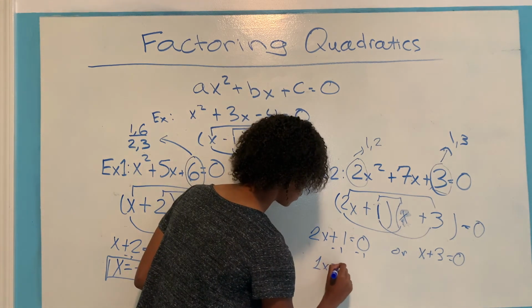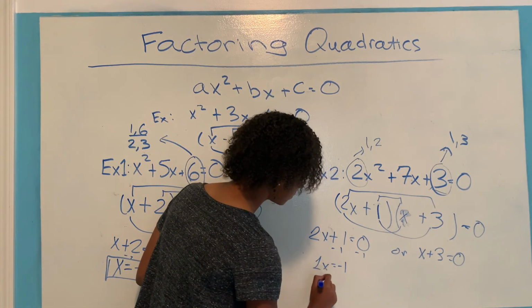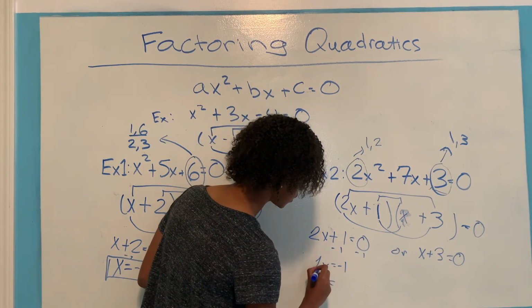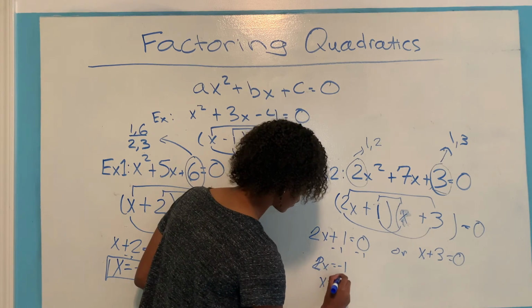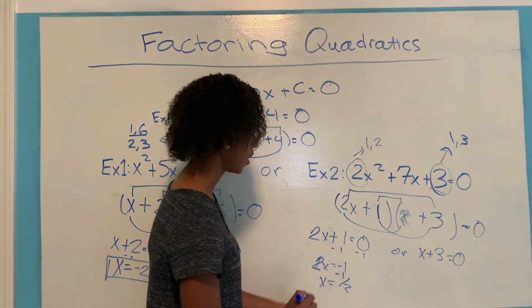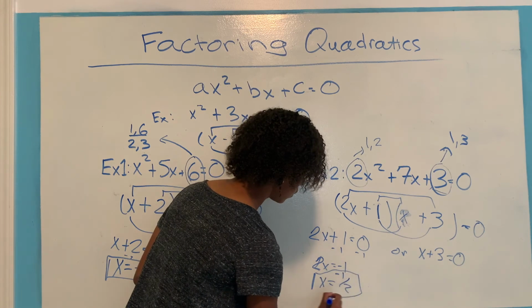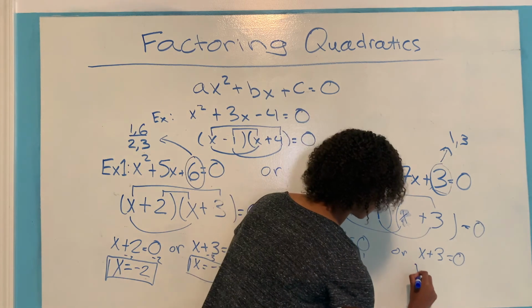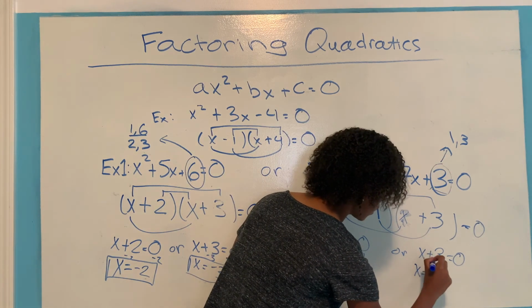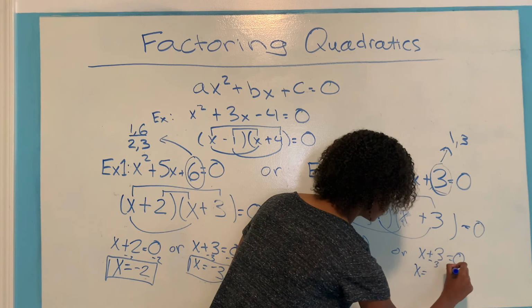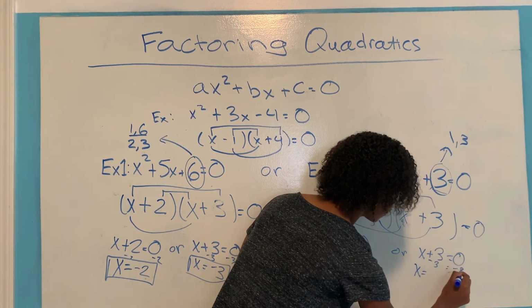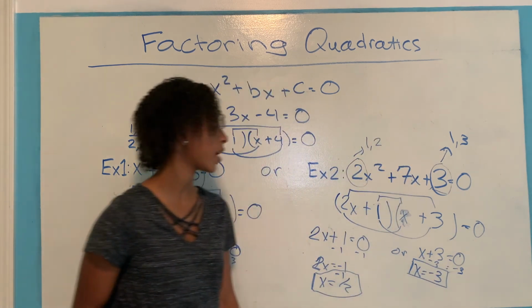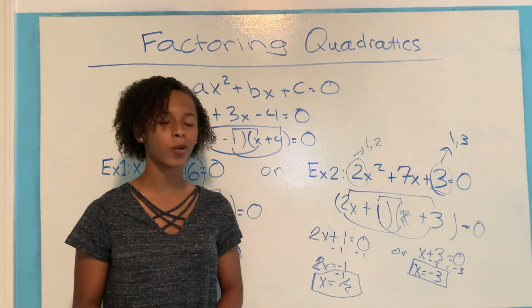It's 2x equals -1, and then you can divide by 2 to get rid of that 2 on each side, and you get x equals -1/2. And then on this side you can just subtract 3 from both sides, and x also equals -3. All right, so those are how you solve things.